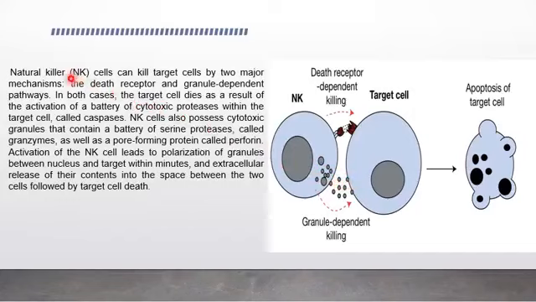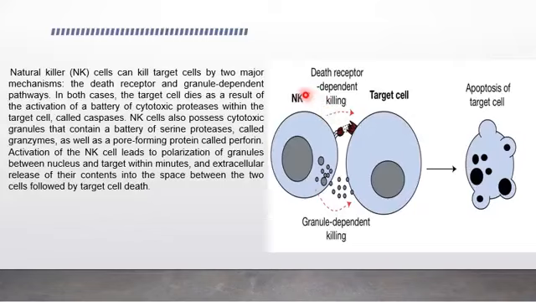So here, natural killer cells can kill target cells by two main mechanisms, one being death receptors, because natural killer cells can target a wide variety of cell types. Natural killer cells look for abnormal cells, like I mentioned, which could be viral infections or cancer cells.